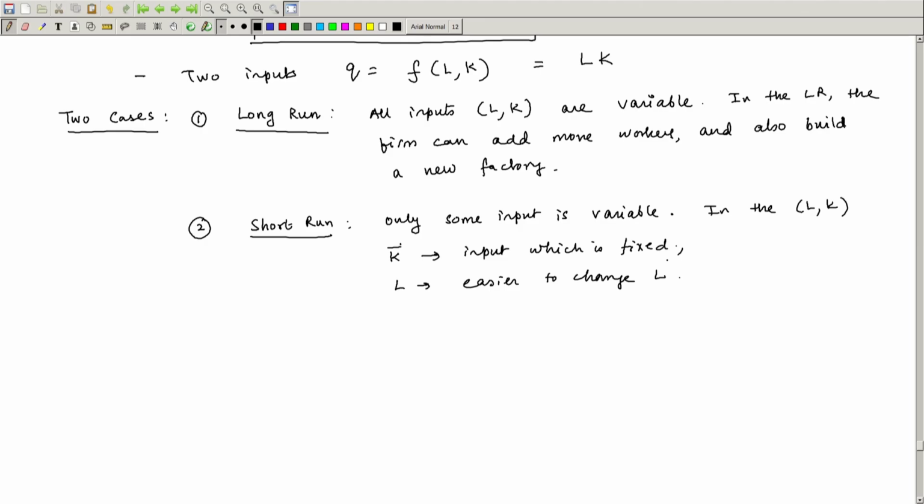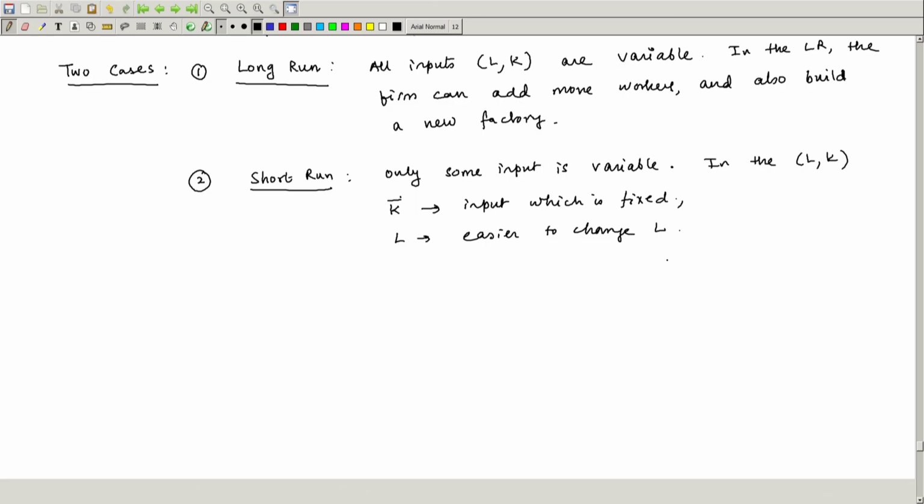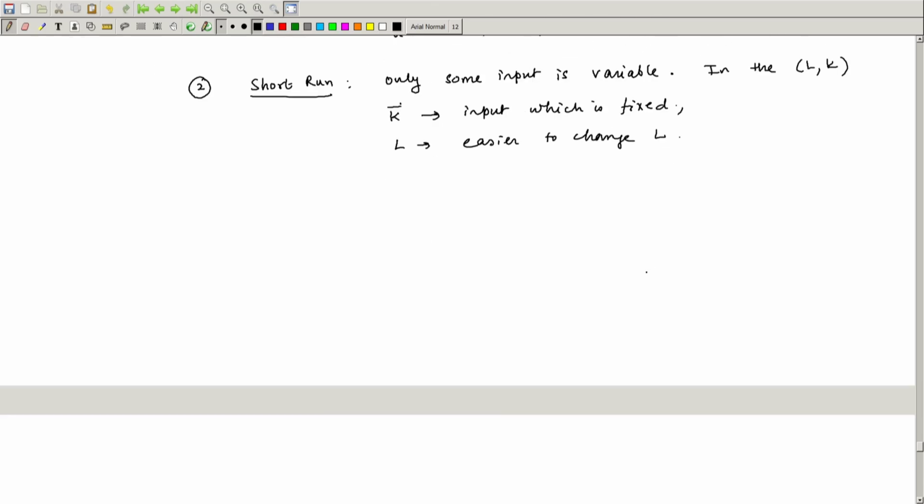Similarly, in the short run, when capital is fixed, the only input that I can change is labor. So what combination of labor will I now use, given the amount of capital, to incur the smallest possible cost? Okay. So let's begin with the long run cost minimization problem.